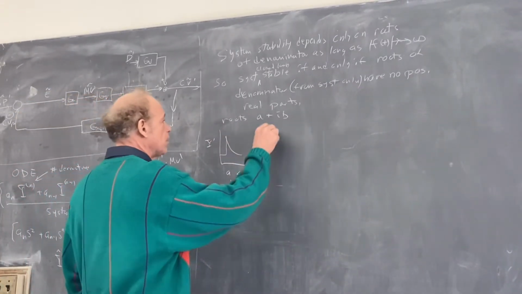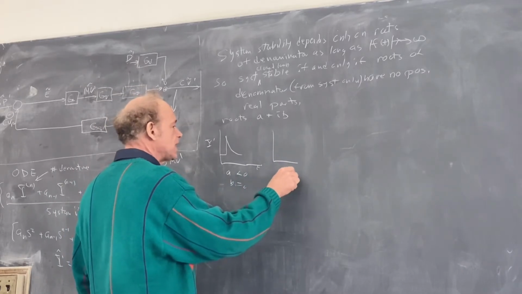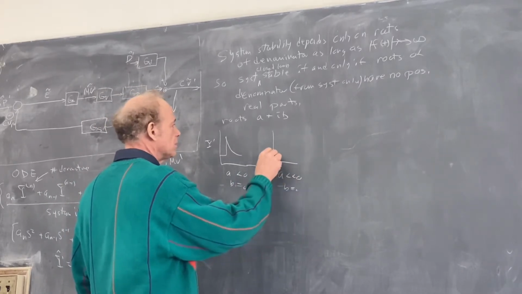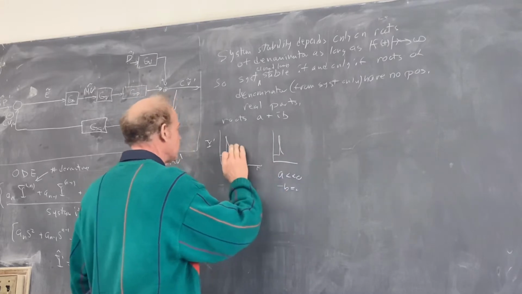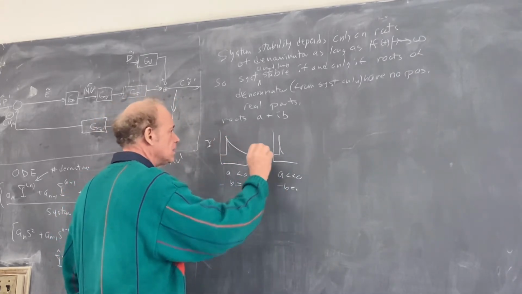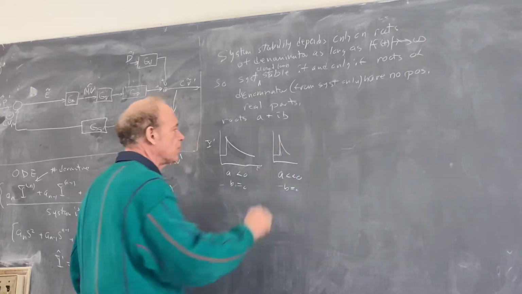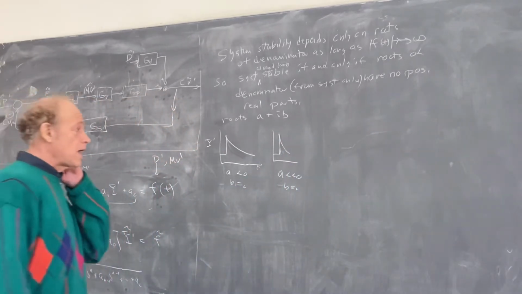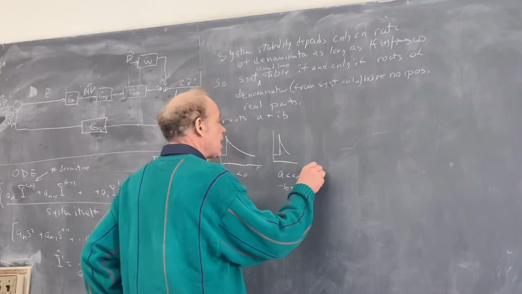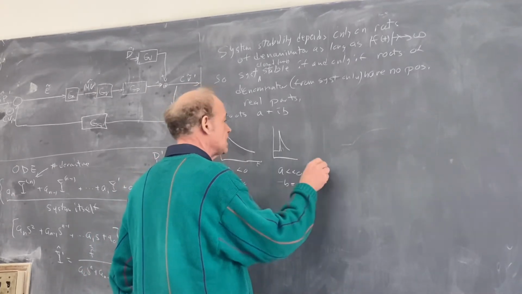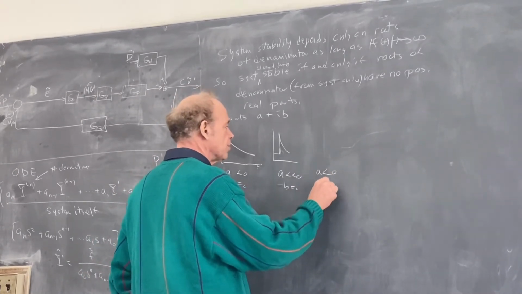Another case is where a is much less than 0 and b is 0. This is a situation where a is much less than 0, so it goes much quicker. How about a less than 0, b not equal to 0?